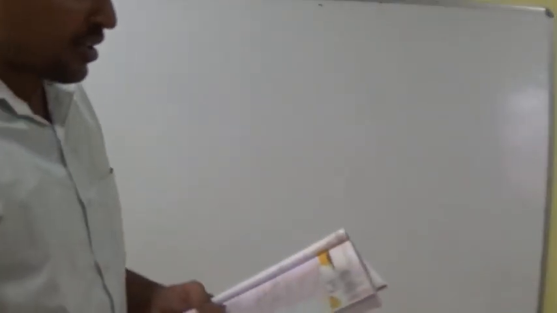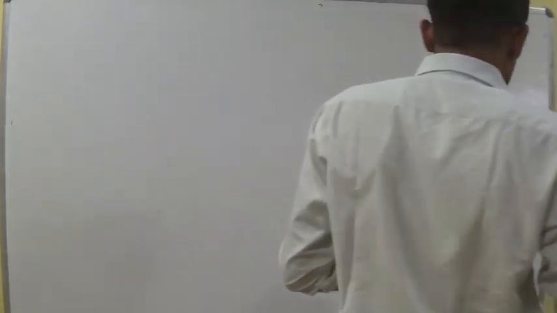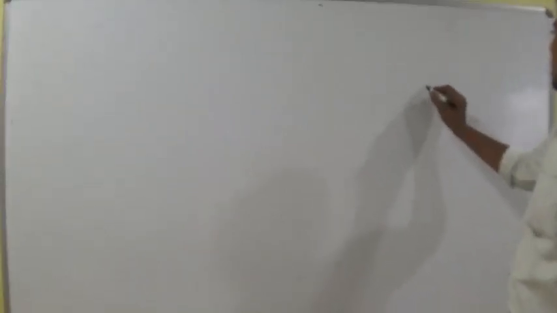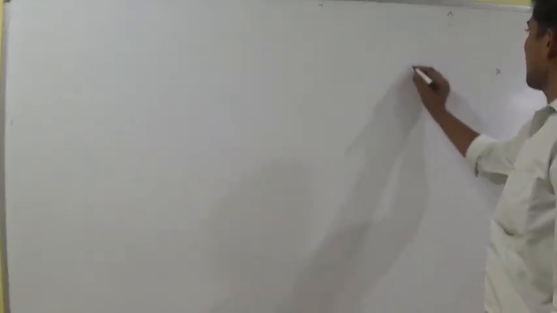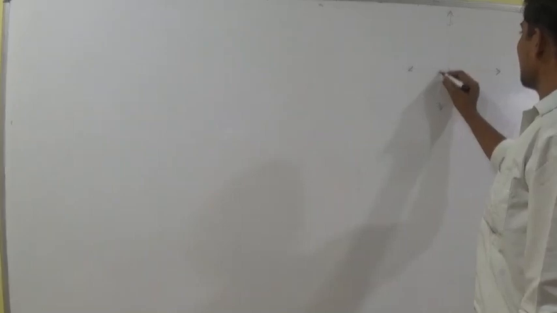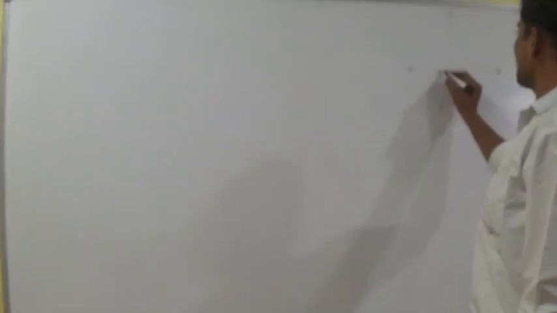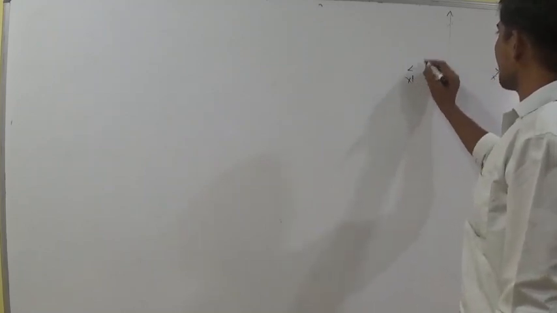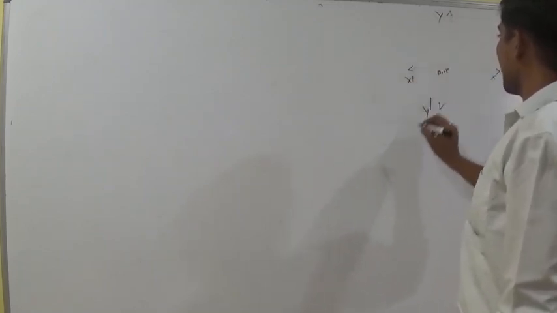The angle bisectors of the coordinate axes. So, coordinate axes in a Cartesian plane, origin 0, 0, which is represented by O, and x-axis, x dash, y dash.